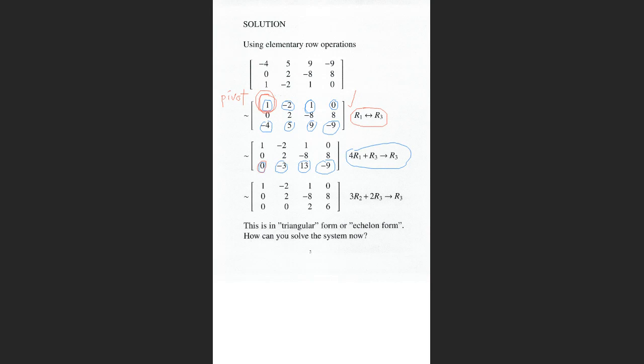Traditionally, when we work row operations out by hand, we like to use small numbers in a column as our pivot. But you'll learn that computer software, like MATLAB, will actually use the largest number in a column as a pivot.